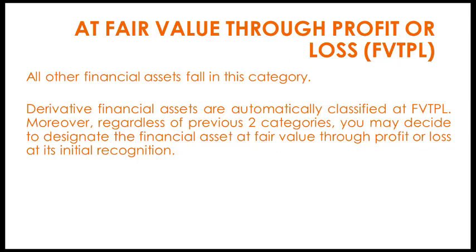Now, if those financial assets do not fall in the previous two categories or classifications, then all other assets will fall under fair value through profit or loss. So any changes, gains or losses, will be recorded in profit or loss. While for the previous one, fair value OCI, any changes there will be classified under the other comprehensive income section.